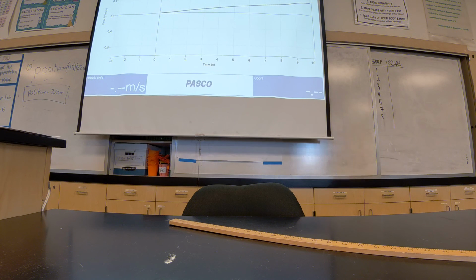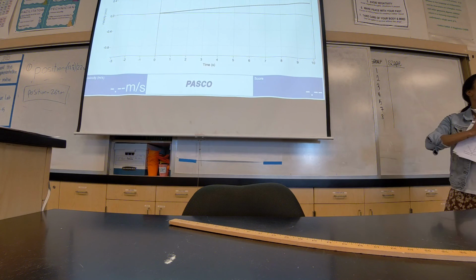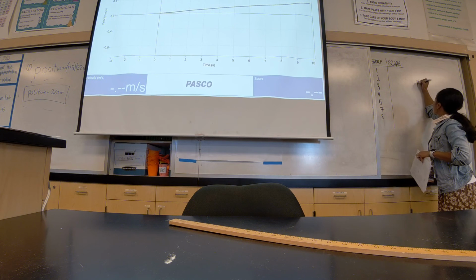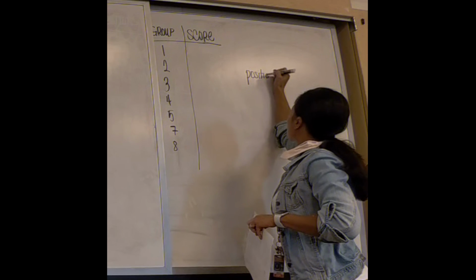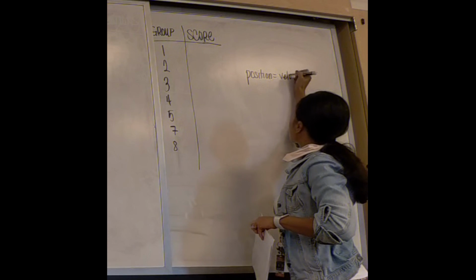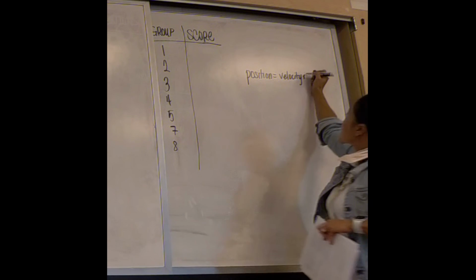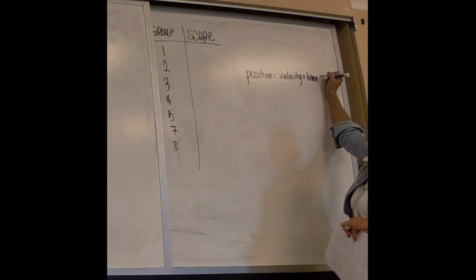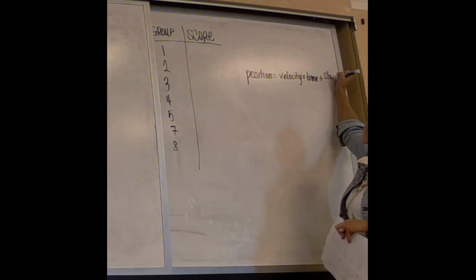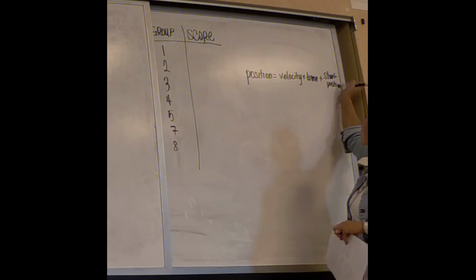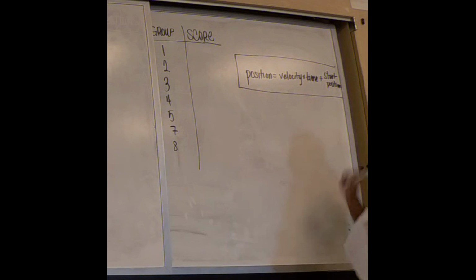The homework for your position time graph in the concept builder is going to have you use the equation position equals velocity times time plus your starting position. This is the equation we came up with in the Monster Truck Lab.